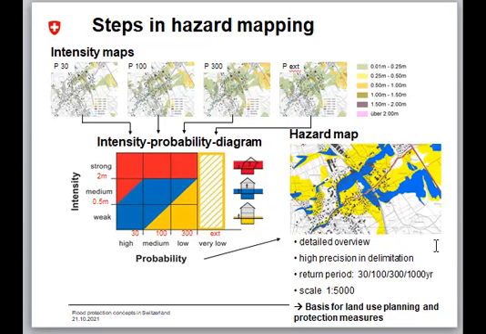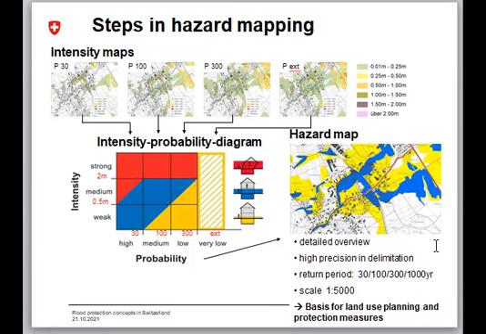The hazard maps help us to find our hotspots and to identify where we have a need for action. They give a very detailed overview. They have quite high precision, and usually we use, as I said before, the return periods 30, 100, 300 years, and the extreme event, which usually is more or less 1,000 years.